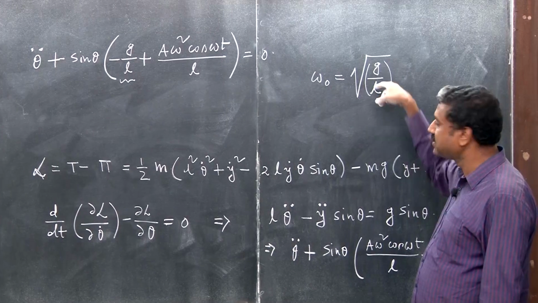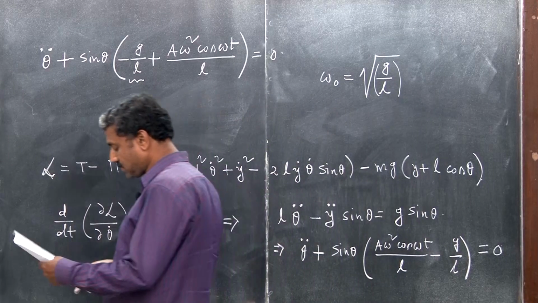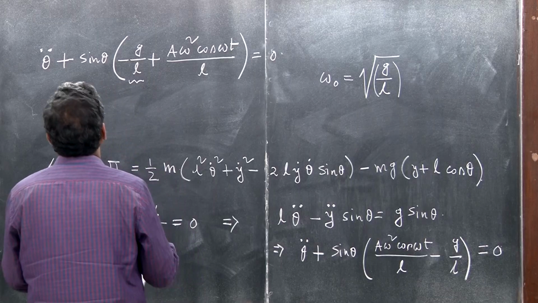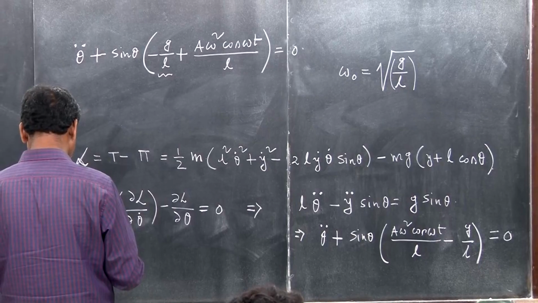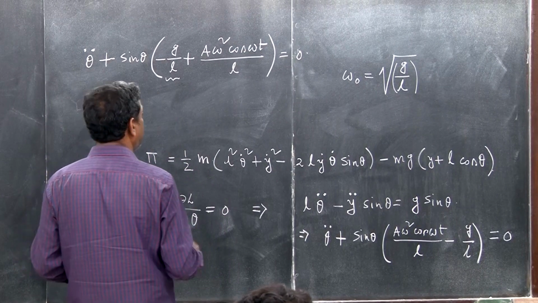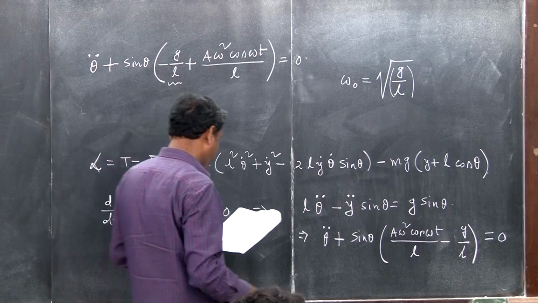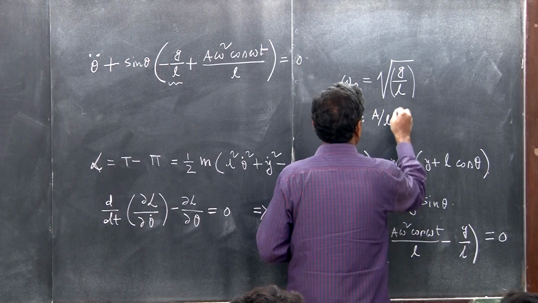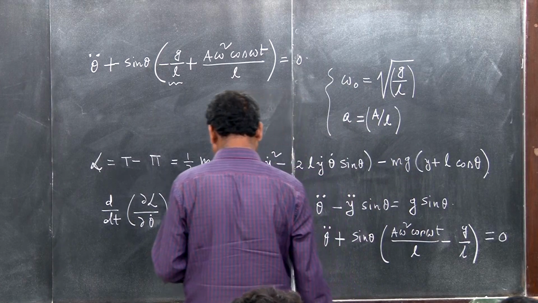So omega 0 is root g by L. Here I will introduce some dimensionless quantities. Omega 0 is root g by L, and I will write small a as capital A divided by L, normalizing. These are dimensionless quantities for simplifying the analysis.